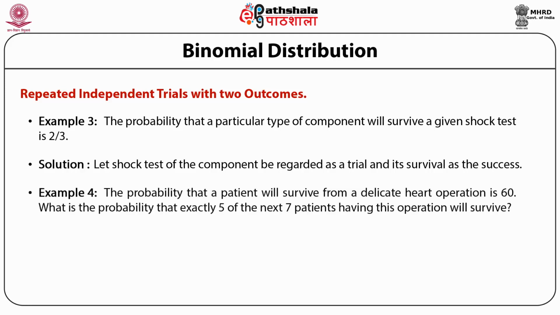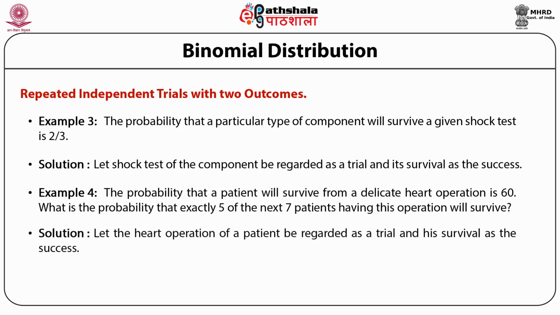The next example: the probability that a patient will survive a delicate heart operation is 90%. What is the probability that exactly 5 of the next 7 patients having this operation will survive? Let the heart operation of the patient be regarded as a trial and his survival as the success.